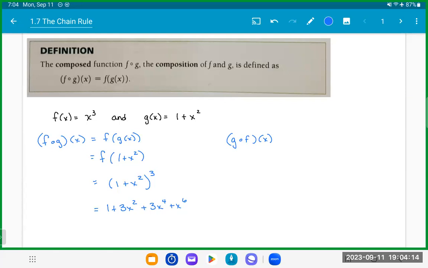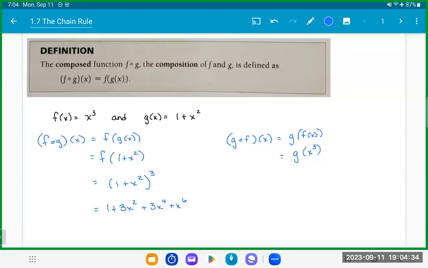Now let's do it the other way, g of f of x. That's saying everywhere I have an x in my g function, I'm going to substitute in my f function, which is x cubed.